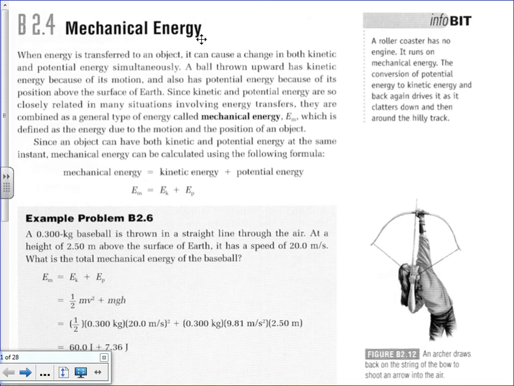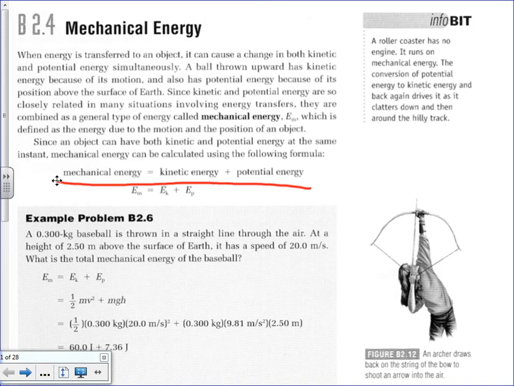Okay? All right, so first off, we're going to review quickly what is mechanical energy. Okay, mechanical energy is the sum total of kinetic and potential energy of an object or system. Okay, now we've looked at this example I don't know how many times, but we do because it's perfect.